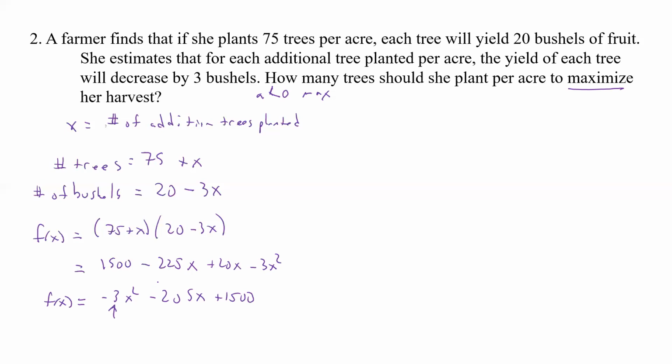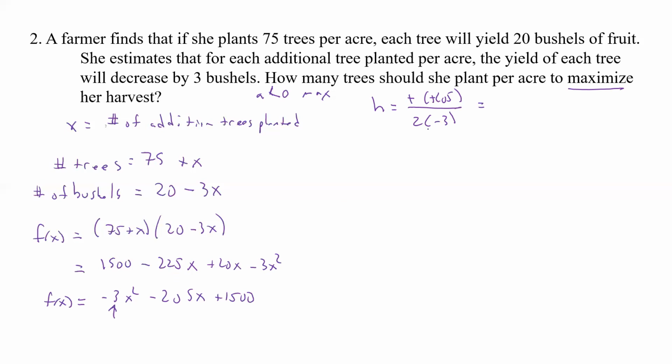Okay. So what do we want to do? Well, we need to find h and we need to find k, kind of. So let's go ahead and do that as we always have done. H is minus b. Well, that's a minus 205 over 2 times a, which is a negative 3. That's going to give us a negative, because that negative times that's going to be positive.